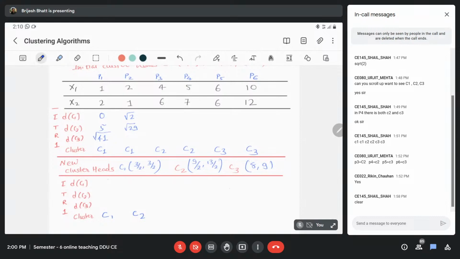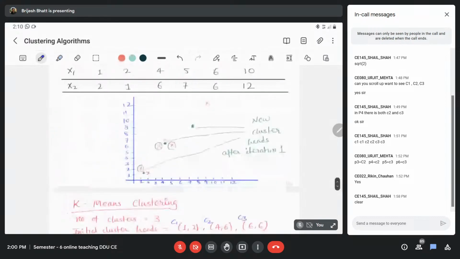So both of these points, C2 and C3, have shifted towards the left. So cluster 1 is, and the data in cluster 1 will remain.